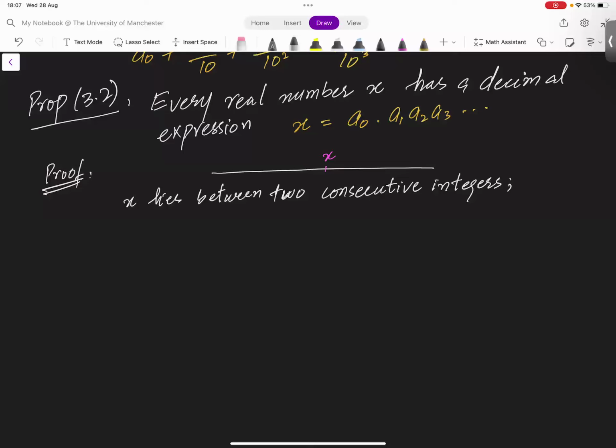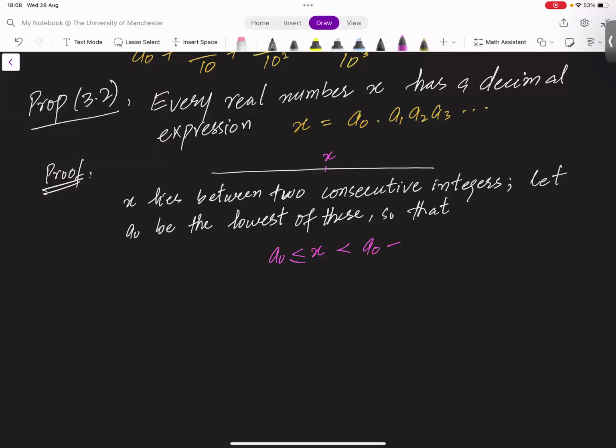Let a0 be the lowest of these, so that we can write a0 is less than or equal to x, and x is less than a0 plus 1.